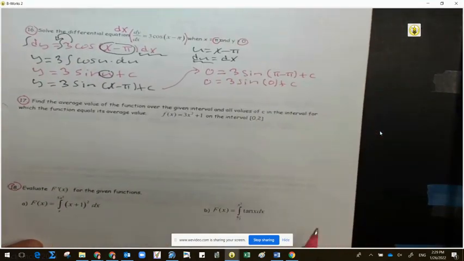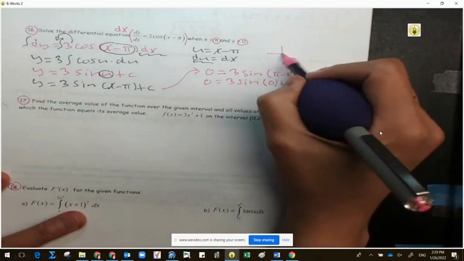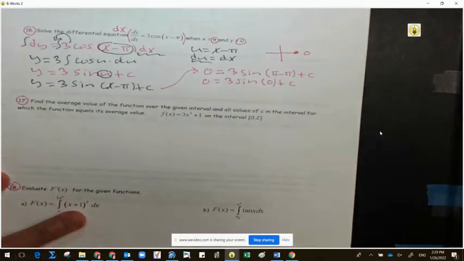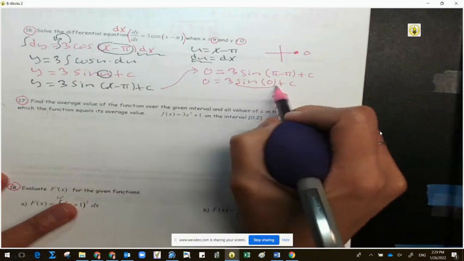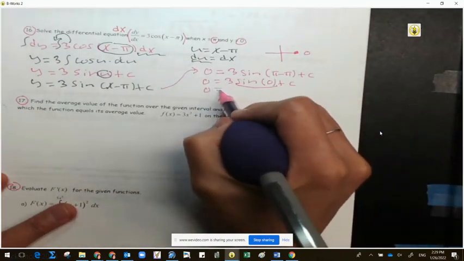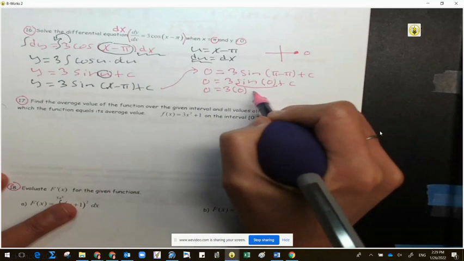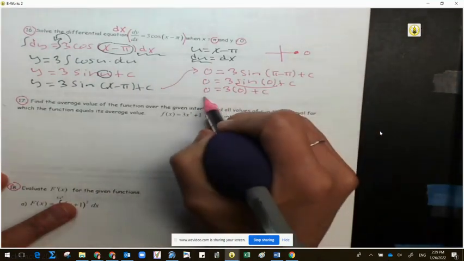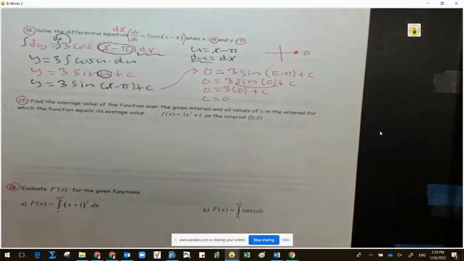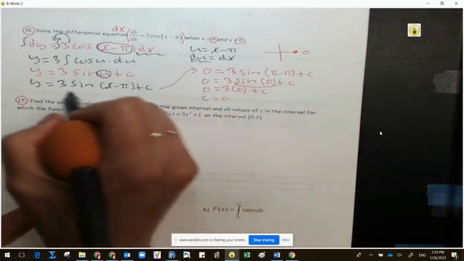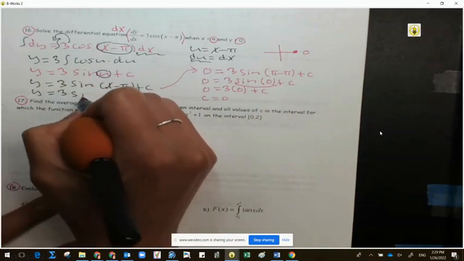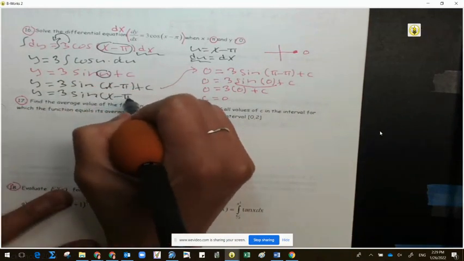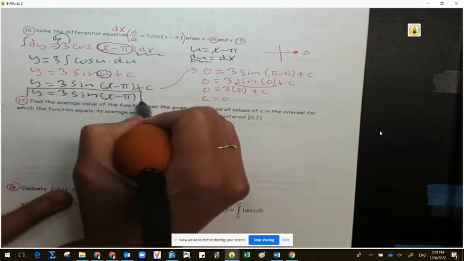Sine of 0 is 0, so all of this is 0. So I have 0 is equal to 3 times 0 plus c. So c has to be how many? 0. So if I rewrite this with the c value, we have y is equal to 3 times sine of (x minus pi), and that is our final answer.